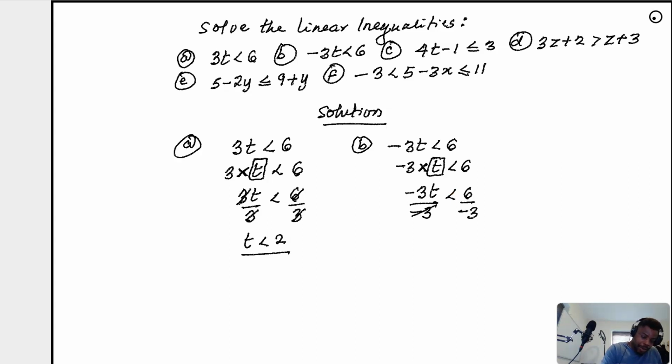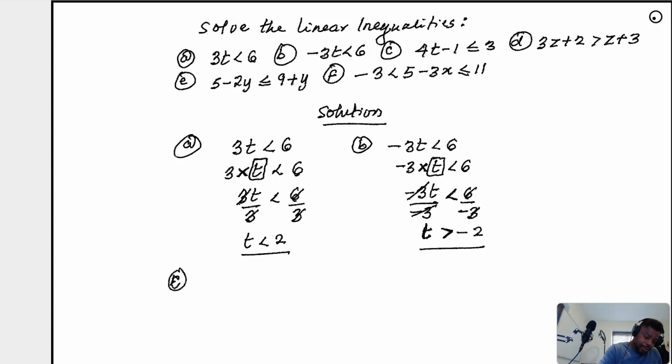This will cancel this. Now, because I'm dividing both sides by a negative value, the sign, which is less than, will change to greater than. So what can I get here? That is minus 2. You see the difference between A and B.